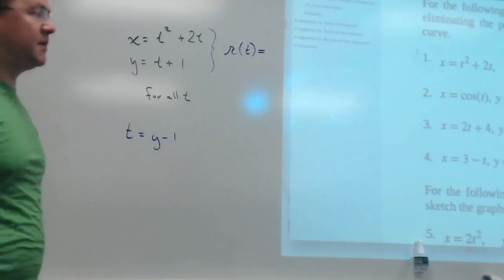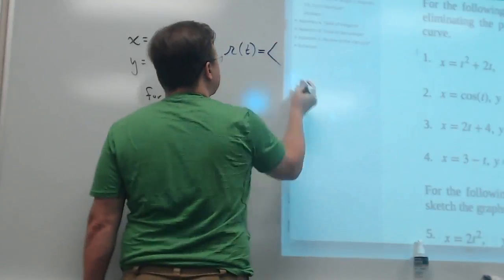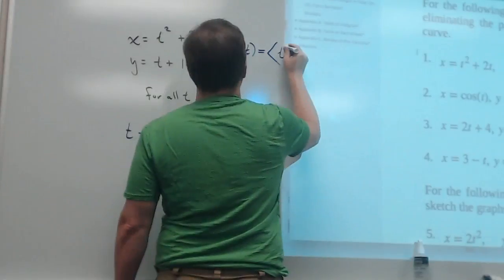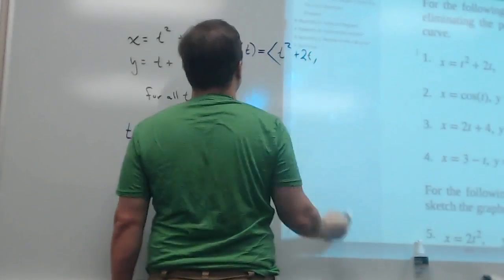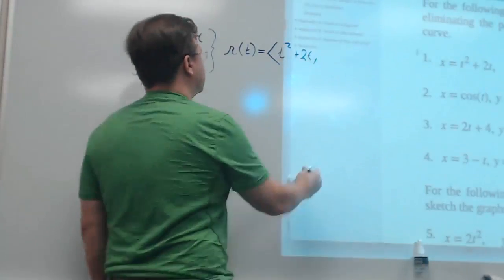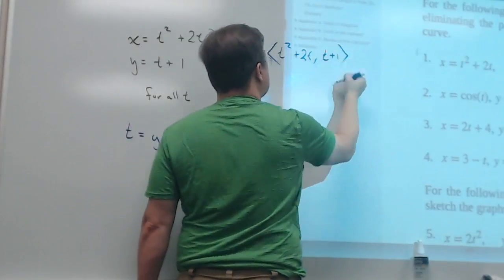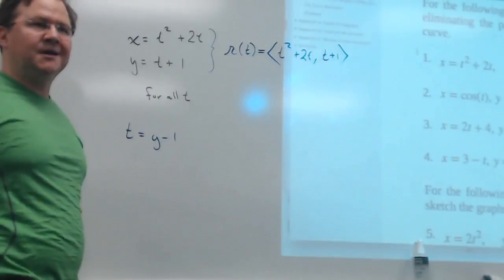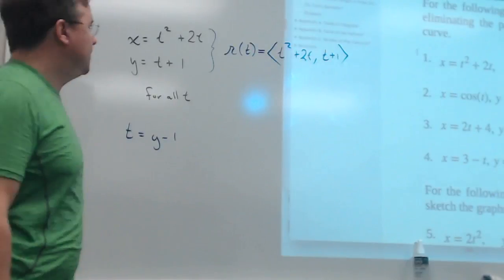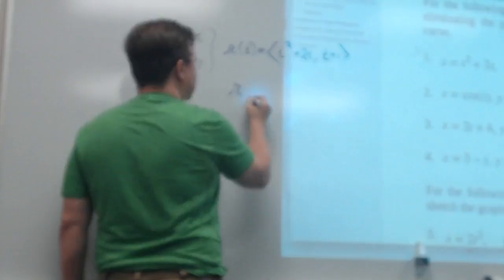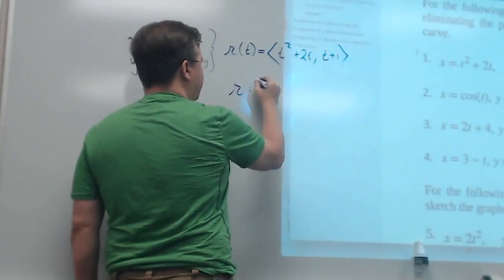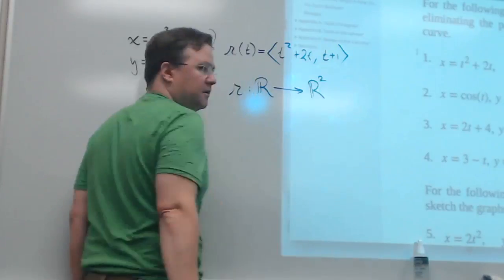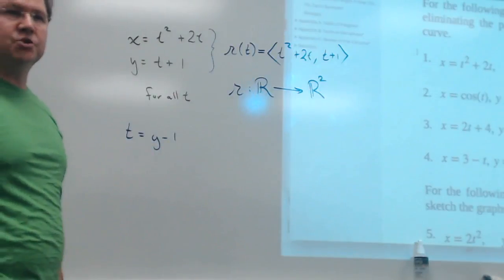This is a vector-valued function, which I would write with an x-coordinate of t squared plus 2t and a y-coordinate of t plus 1. For each real value t, I get a two-dimensional vector. In general, this maps a real variable to a vector with two real entries.